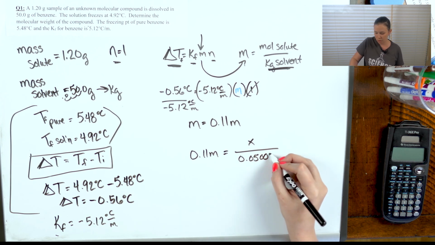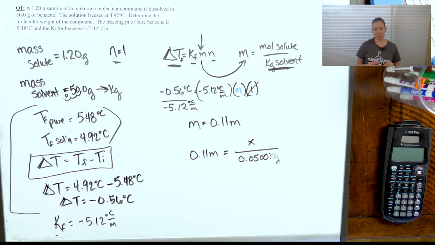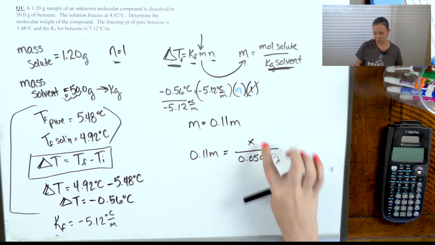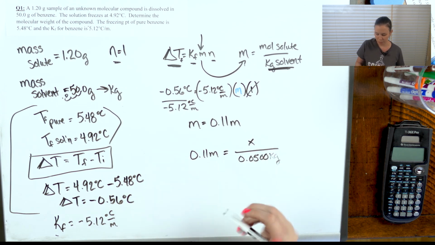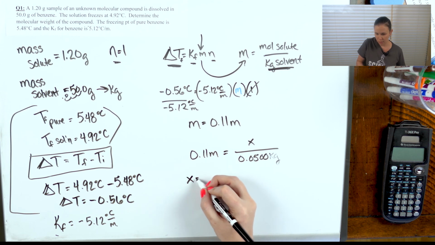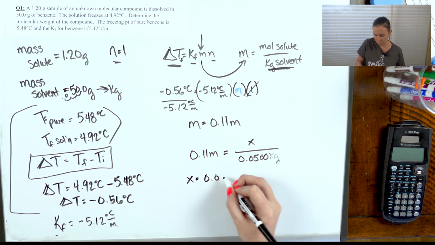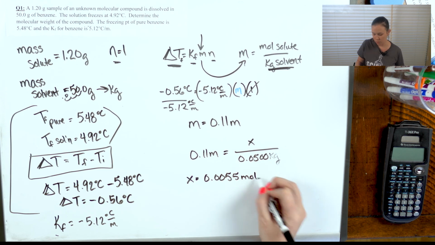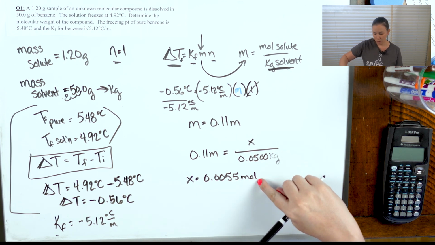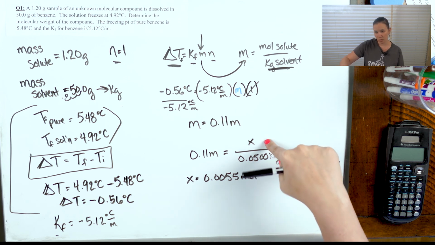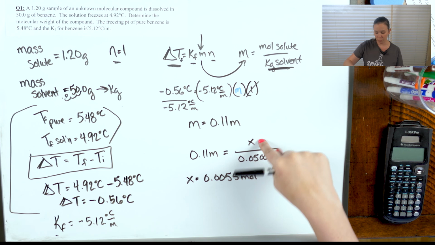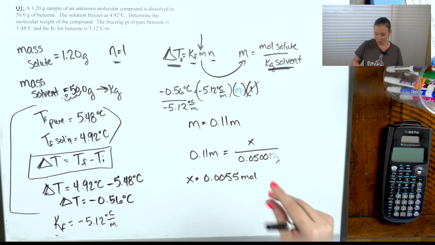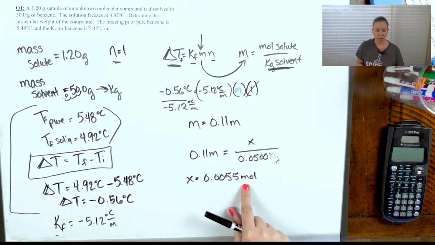Keep your significant zeros. But now I have kilograms. So that's going to allow me to solve for X by multiplying my kilograms times my molality. And so we get X equals 0.0055 moles. I knew that was moles because of where I was solving for in the equation. Because I'm solving for X on the top of the molality equation, by definition, that has to be moles.